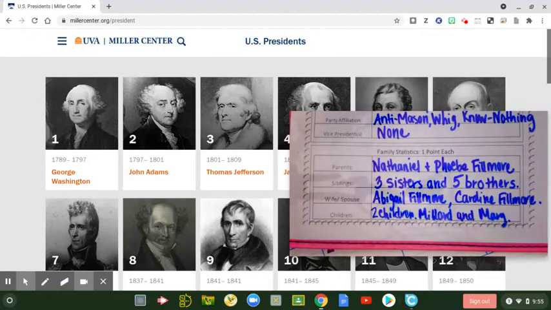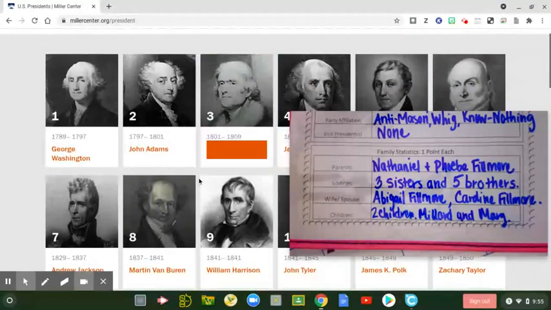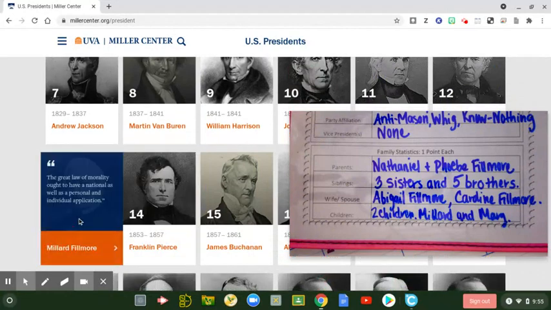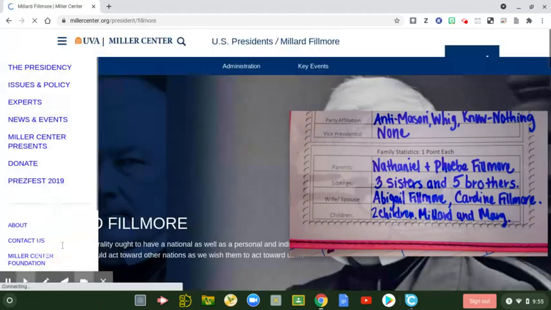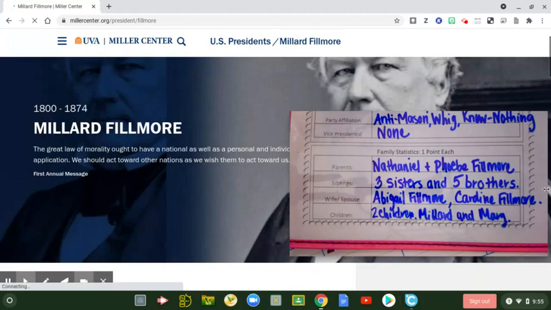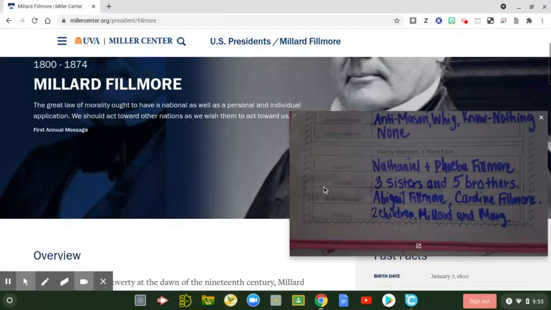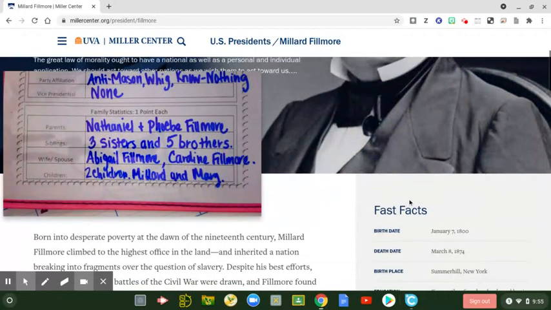Let's look at the website real quick to see. He's 13. There he is. See if it tells us about his siblings on here. There we go. Okay, so here's Millard. All right.